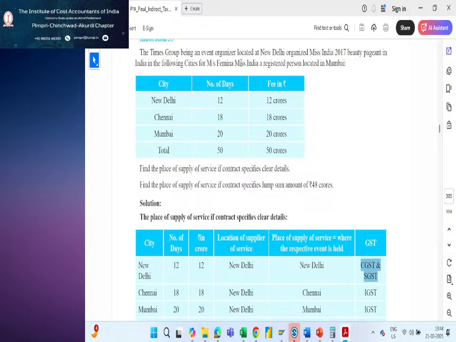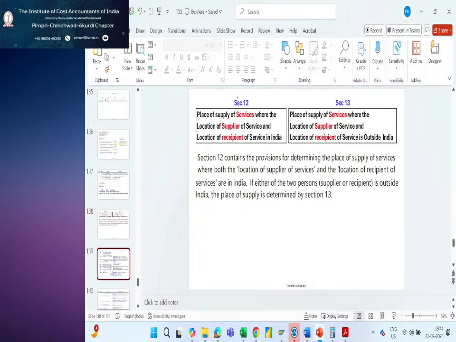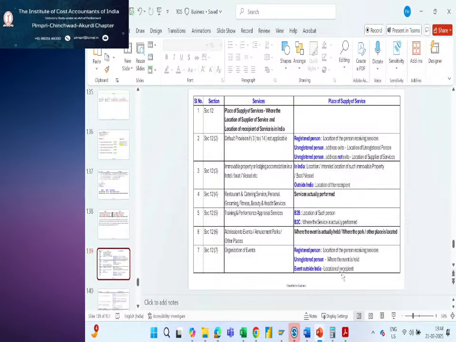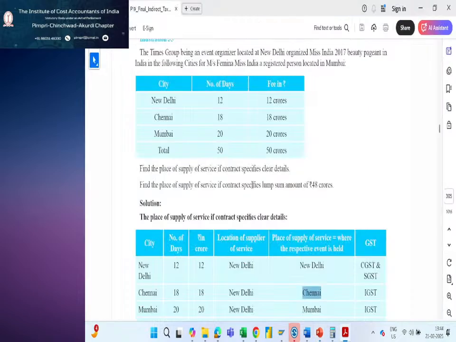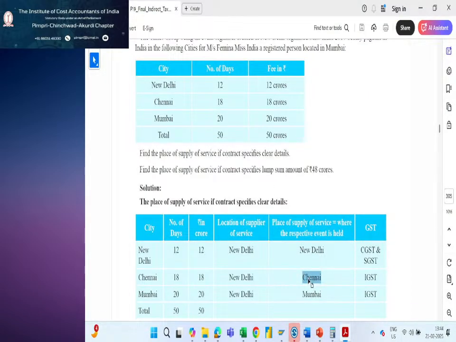In the second case, New Delhi and Chennai, so it is IGST, but the place of supply of service is where the event is held. Here that is Chennai, and in the third case it's Mumbai, and the location is Mumbai, so IGST is applicable.